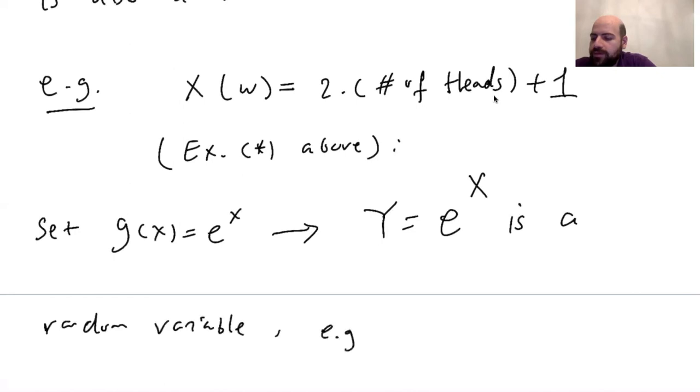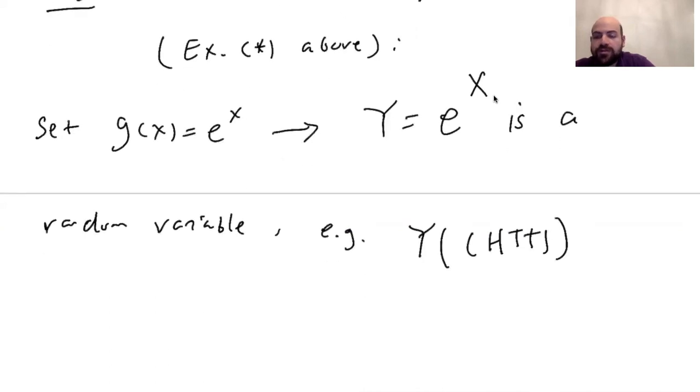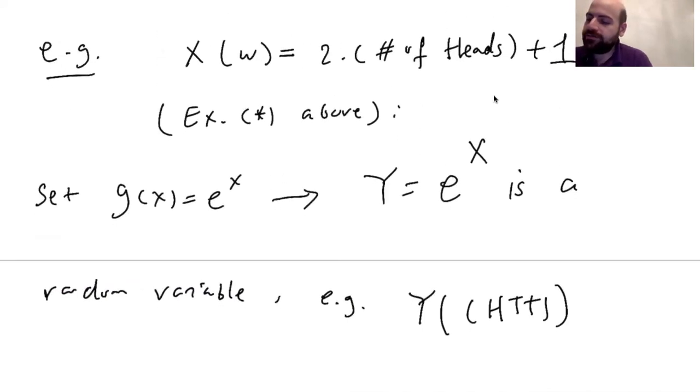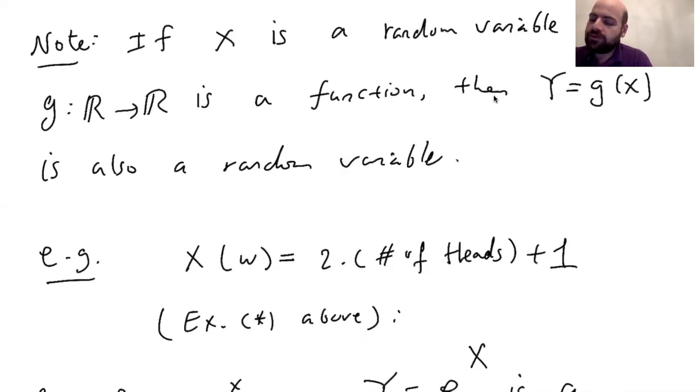And for example, capital Y of, let's say, head tail tail. Because when we have a random variable, that means we have a function from omega to R. Now, capital Y of HTT, what is that going to be according to the definition? It's also a random variable.